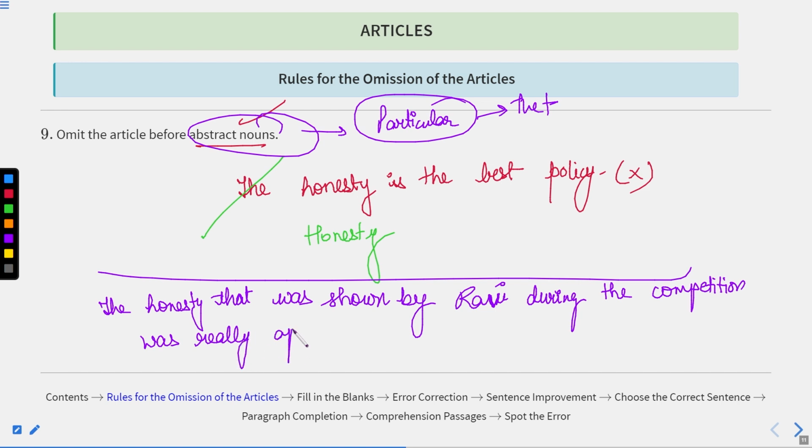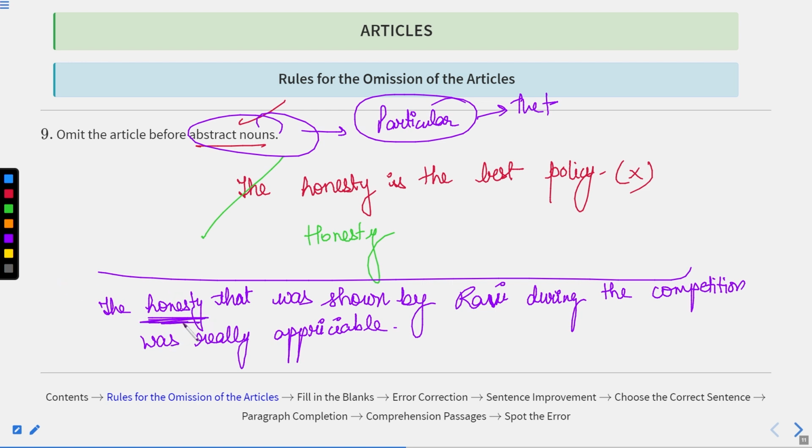Okay, so I'm appreciating that particular part of honesty, or that particular task of honesty that was done by Ravi, or that was shown by Ravi during the competition. Okay, maybe he has done something which is really praiseworthy, so the honesty that was shown by, it means that task of honesty that was shown by Ravi at that time.